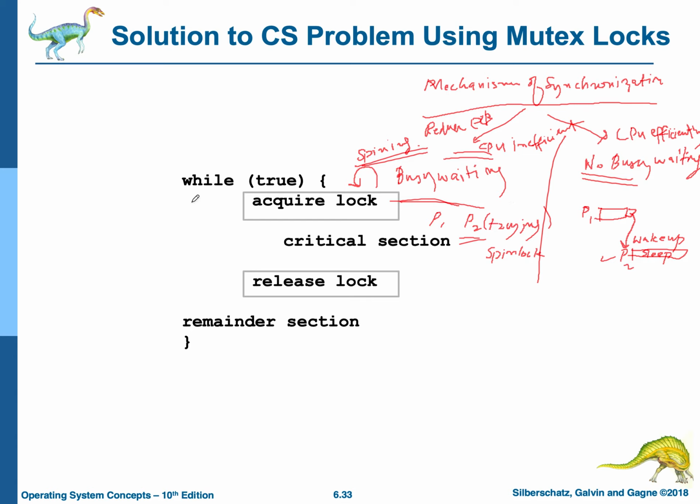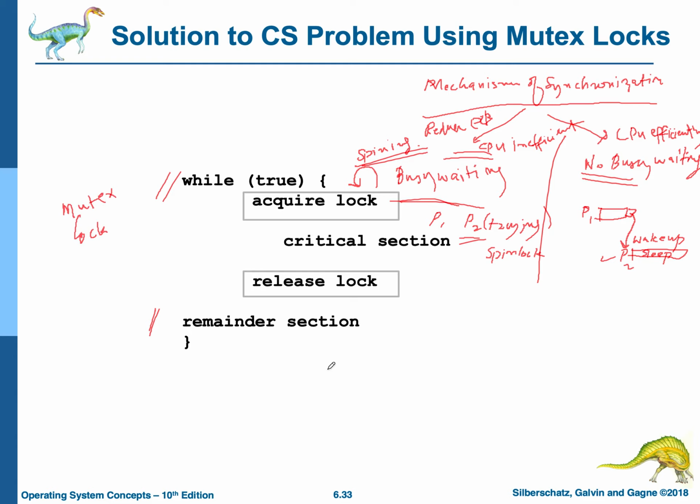Now here the mutex lock. I have already told you, before explaining the compare and swap and the test and set hardware instructions, that there is a lock. That's called a mutex lock, which is acquired when a process enters.